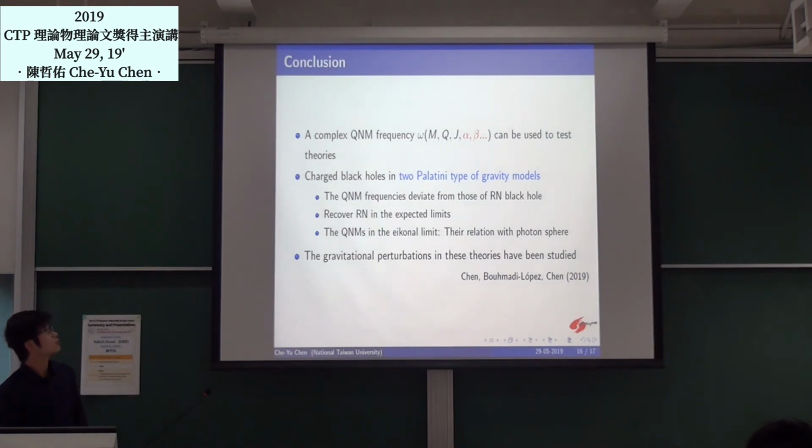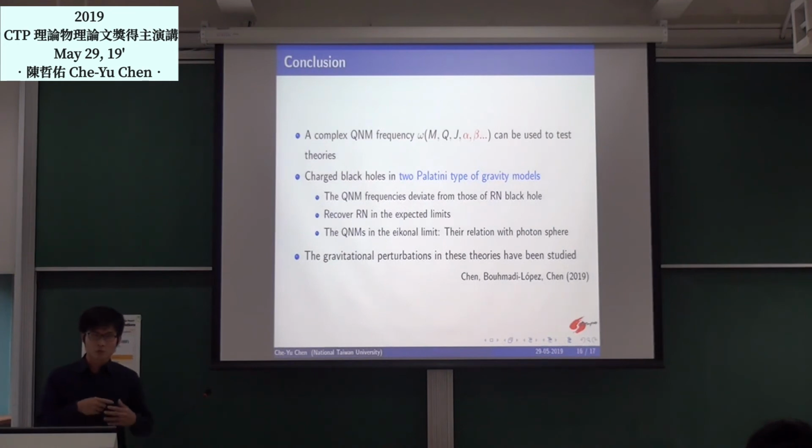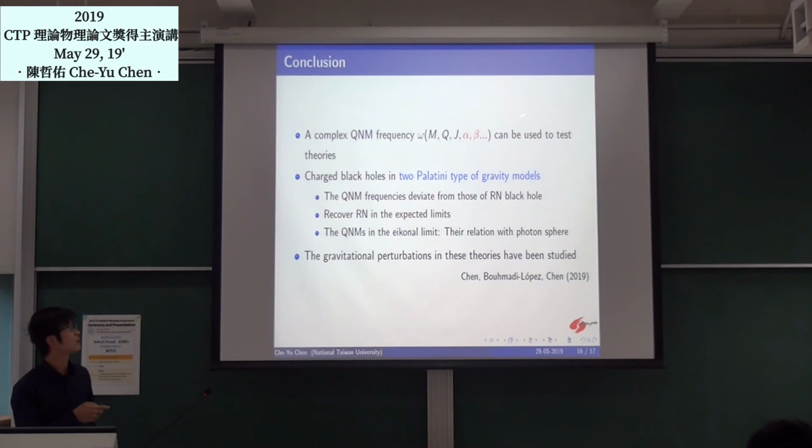So let me go to the conclusion. Here we show that complex quasinormal frequencies can be used to test theories because they contain information about the parameters in the theory itself.